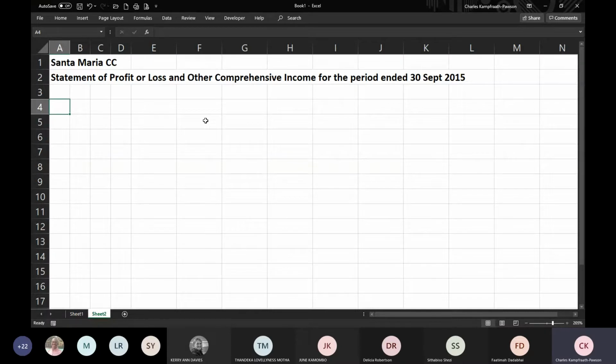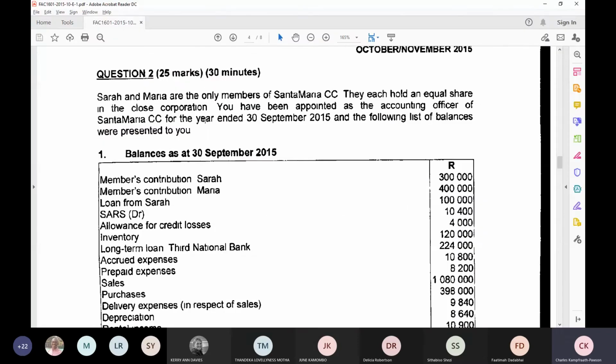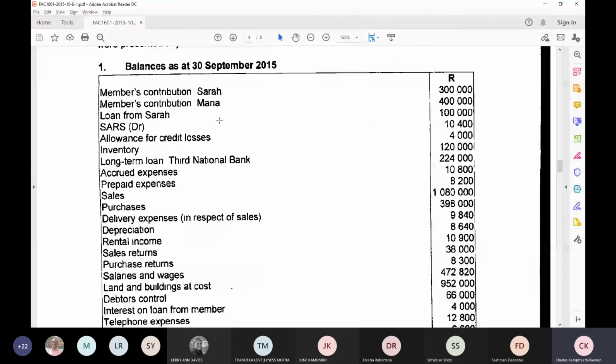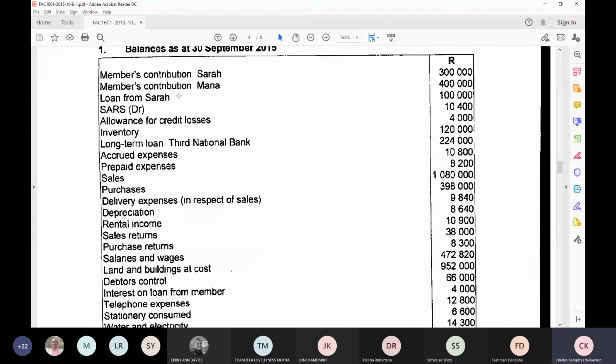Because remember, normally a statement of profit and loss, as you've studied from the first few chapters, will usually start with sales and cost of sales. So let's just confirm whether that will be the case. If we look at this rather quickly, we will see members' contribution, loan, SARS, allowance for credit losses. We go down, our eye would immediately catch sales and purchases.